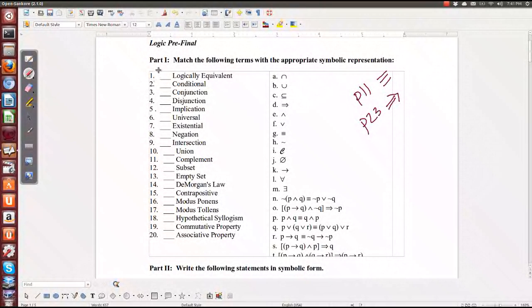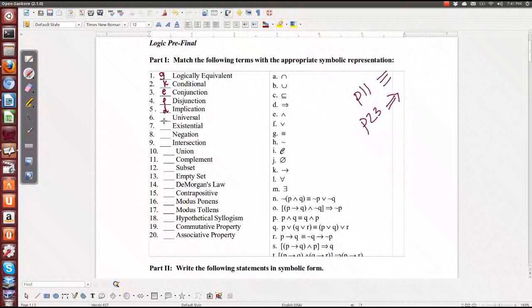Remember, the logically equivalent was one of our definitions, and the symbol for logically equivalent is on choice G. A conditional is something we've dealt quite a bit with in this class, and its symbol is choice K. Conjunction is choice E. A disjunction is choice F. An implication is choice D. Remember, we always changed that to a conditional and had to make it be a tautology.